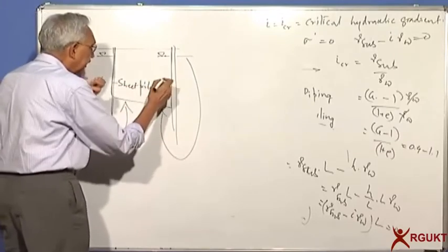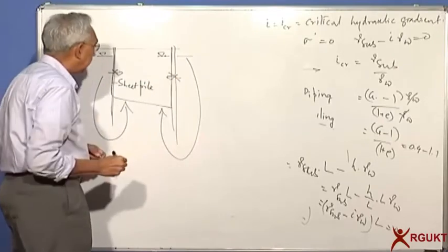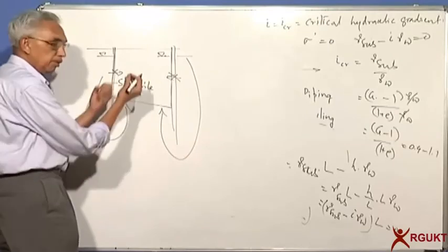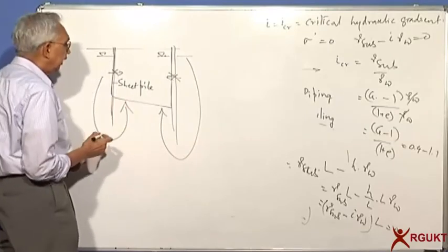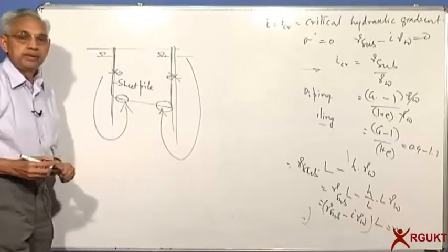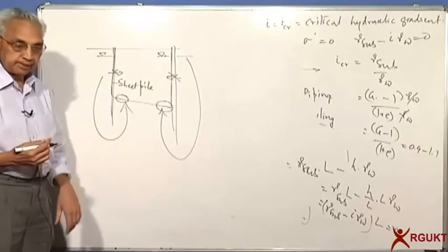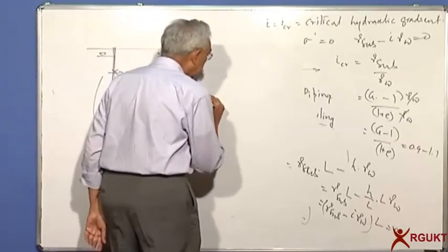So it doesn't allow any water flow in this direction from the sides. But the water can go down and come up below the excavation, and then you will find that if you are not careful, you will have a lot of piping depending on the depth of excavation. A similar phenomenon occurs.